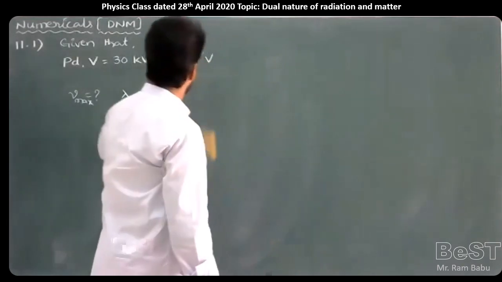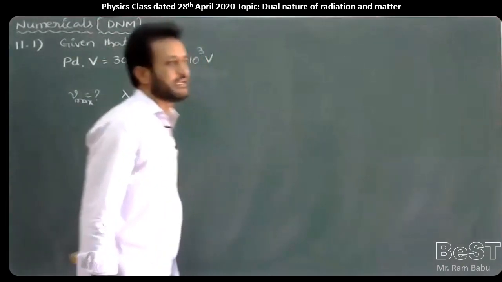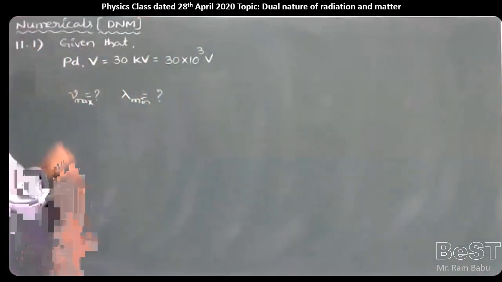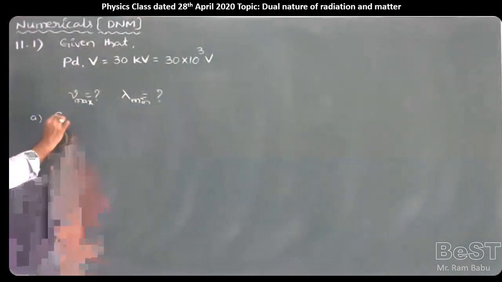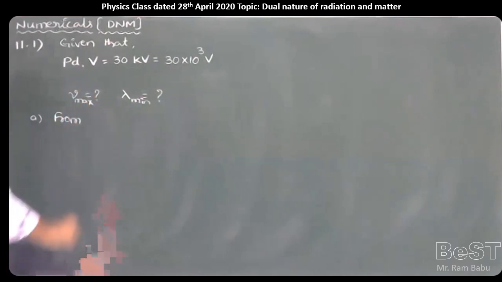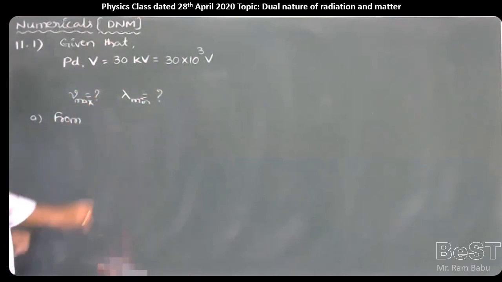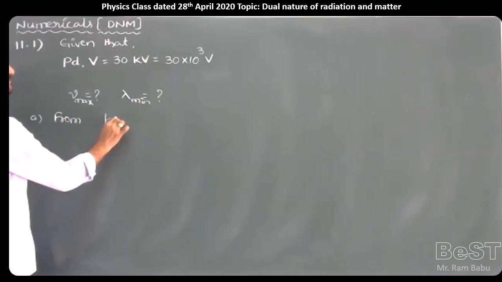Whenever X-rays are in motion, they have some energy in the form of kinetic energy. Generally, first, we can write from the formula, energy of the X-rays is equal to h nu.